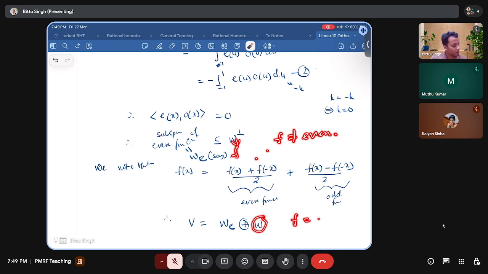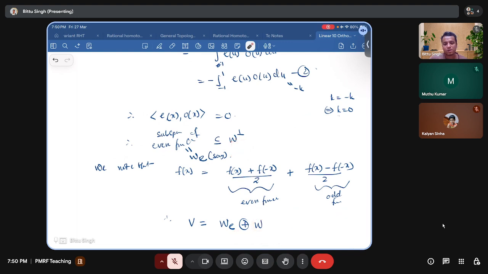If we write f as a combination of some even function e plus some odd function, it is not possible, because this coefficient must be 0, since it is coming from W perp. You cannot take a non-zero odd function. So this function always comes from the even functions. Therefore, we are getting a contradiction.